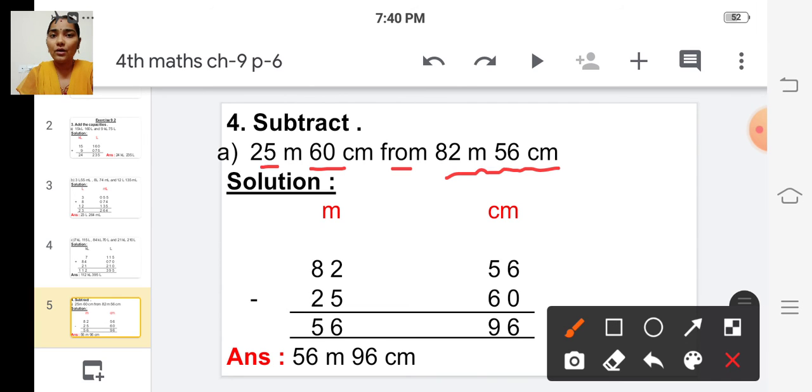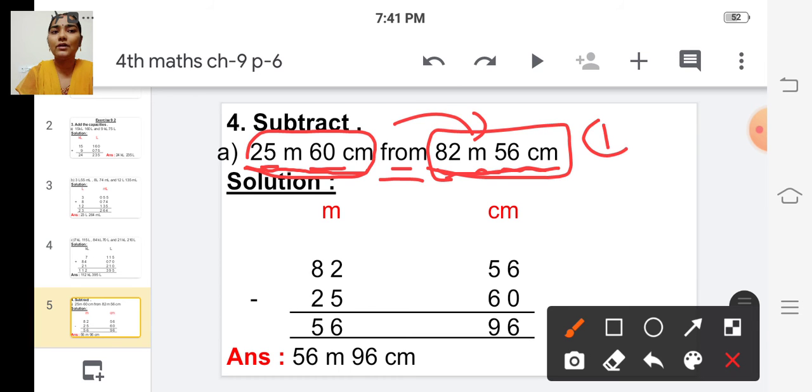So we are going to subtract this 25 meter 60 centimeter from 82 meter 56 centimeter. So which one has to be written first? We are going to subtract this from this. So we have to write this one first.